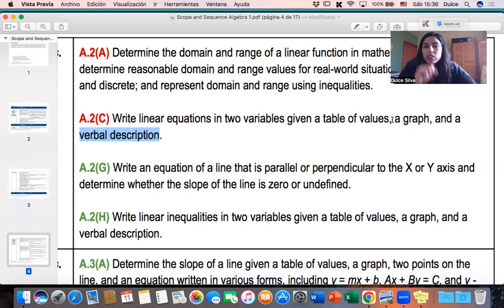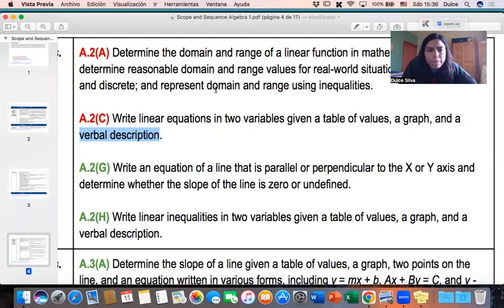So the objective of this standard is, first of all, that the students know how to identify that they are working with a linear function, with a problem of linear function, and then they can write a linear equation for this representation of a linear function.